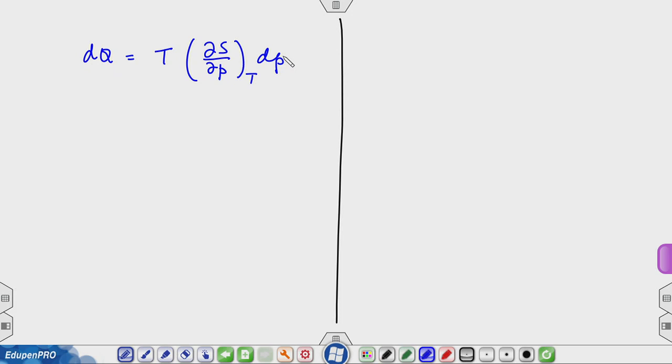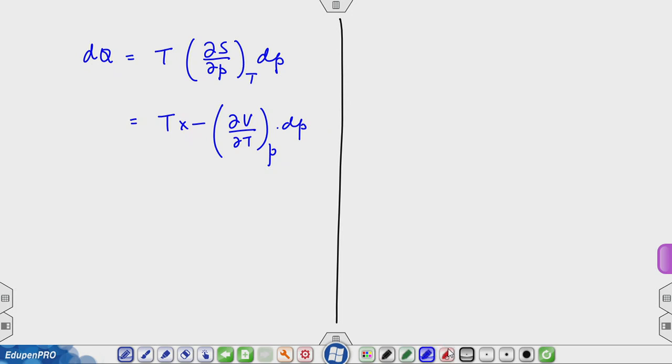Now, I am going to use the relationship derived earlier and say that this is T times minus partial V partial T at constant P times dP. Now, dV dT can be related to a physical quantity.